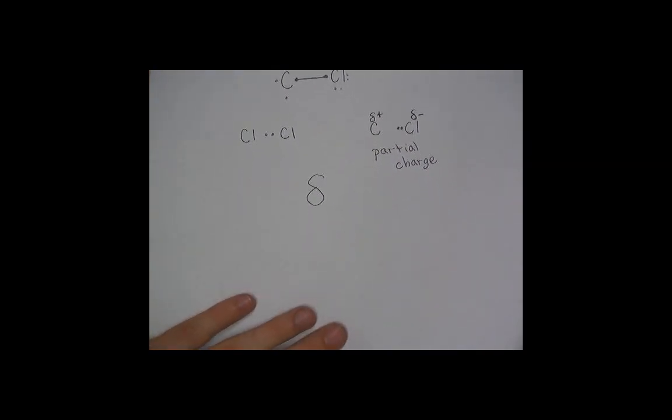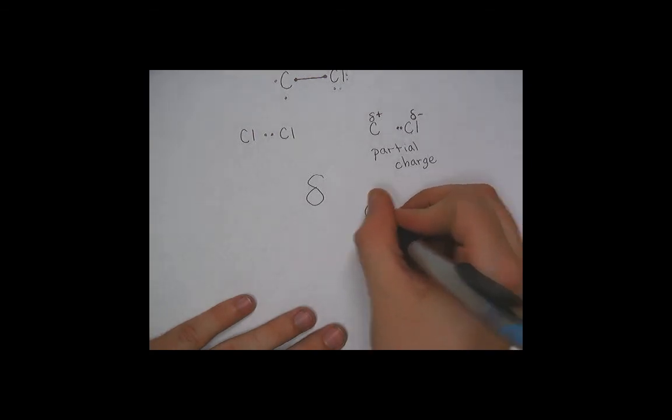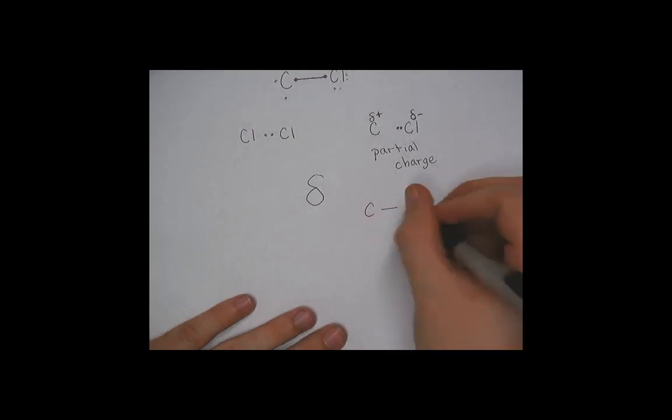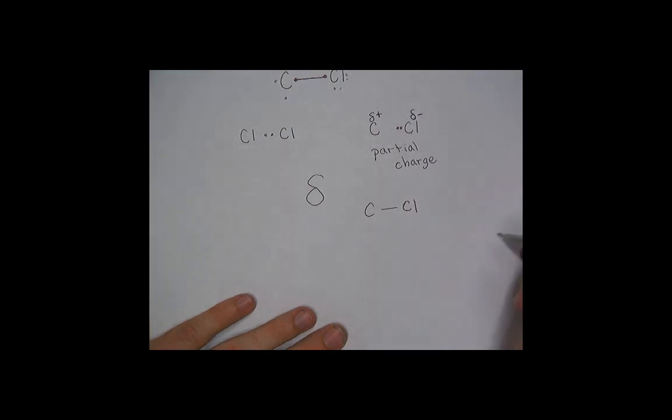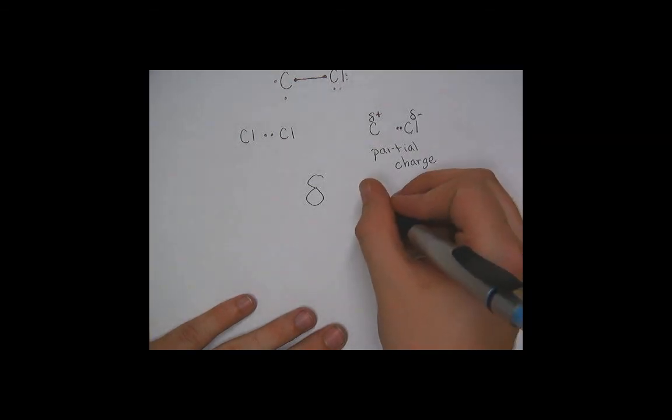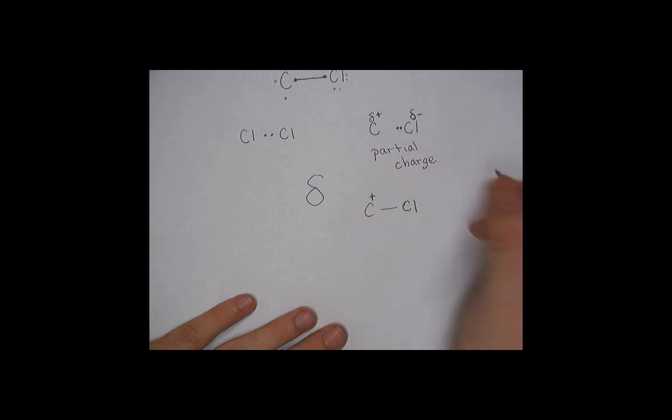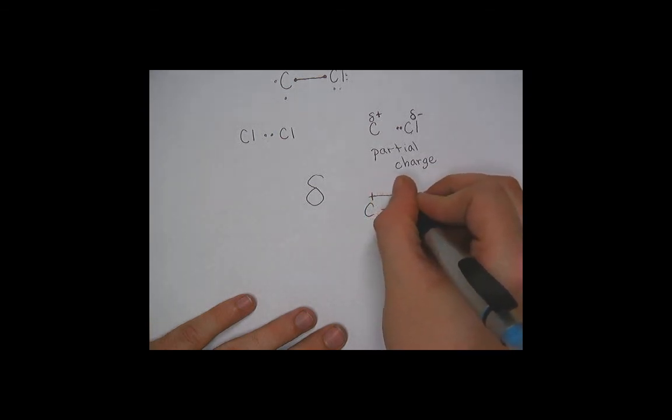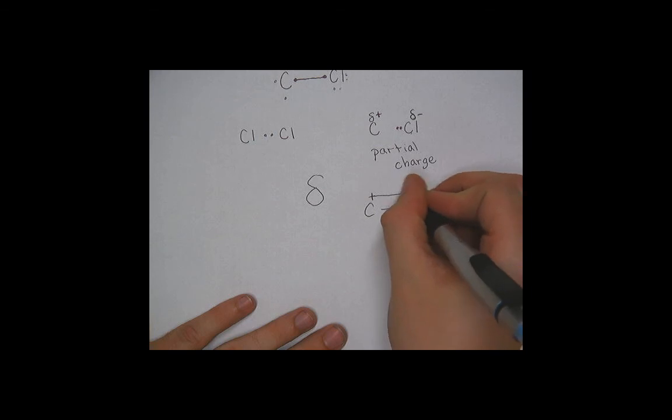Now, perhaps a better way of imaging this is by using what we call the plus arrow. So it demonstrates the same thing that the partial charges do, but we put a plus sign over the positive element and point an arrow at the negative element.